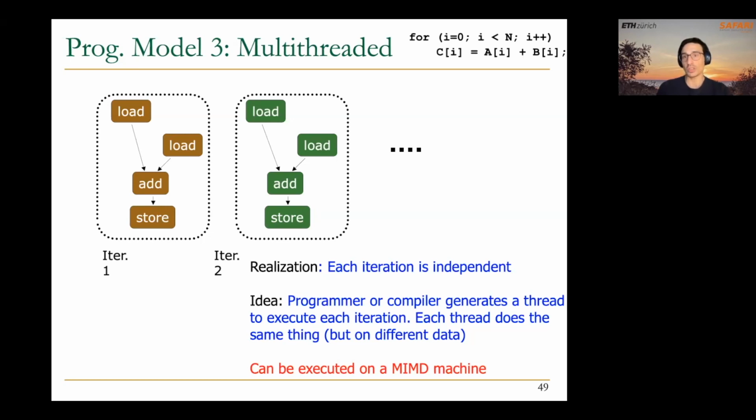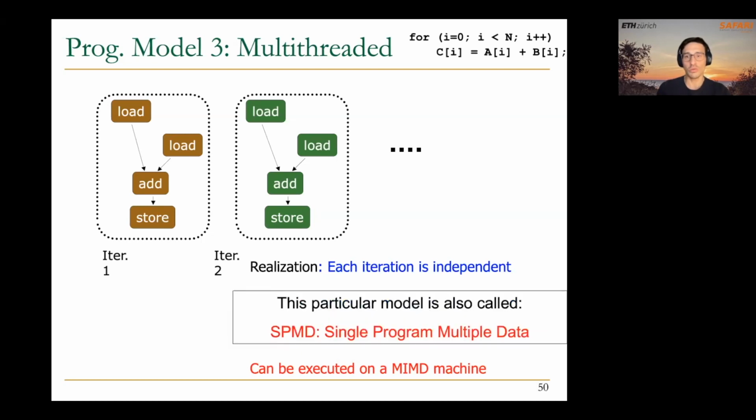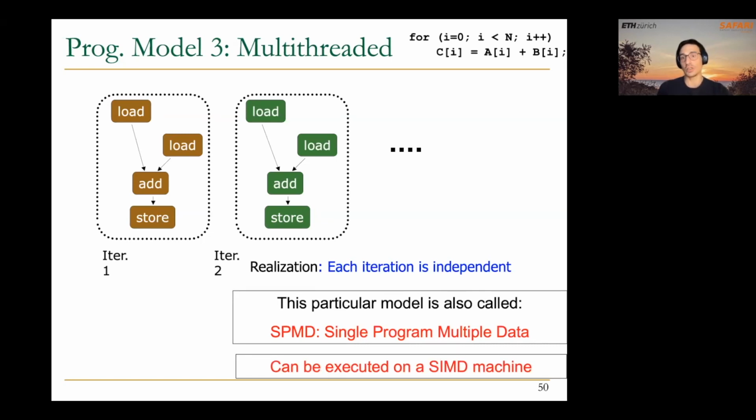And this could be executed on a MIMD machine, for example, a multi-core CPU or a multi-thread CPU. This particular model is called single program multiple data, but this could also be executed on a SIMD machine. Why is that?